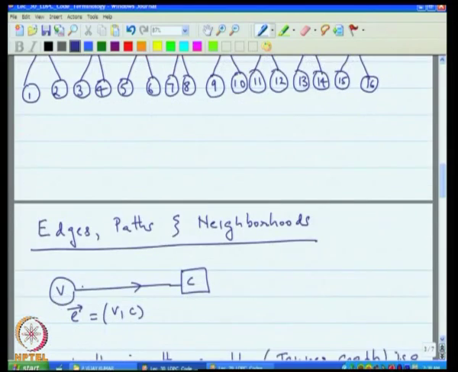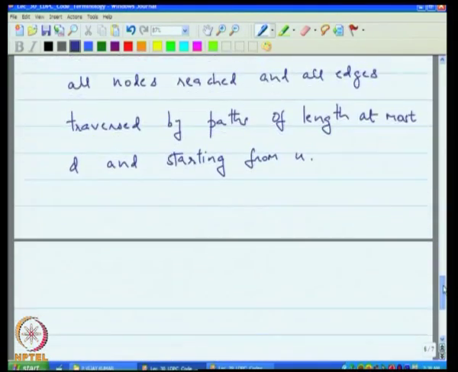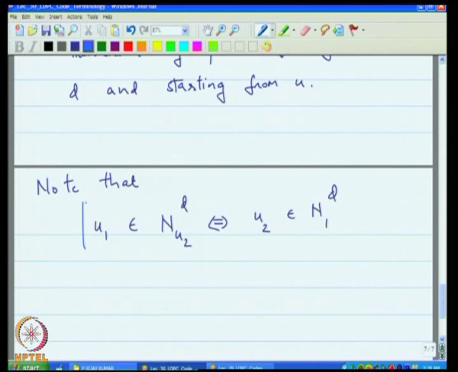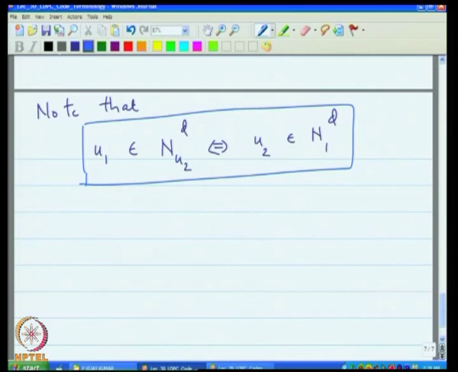All right. Then there is a simple claim at this point. Note that u1 belongs to N_u2^d if and only if u2 belongs to N_u1^d.